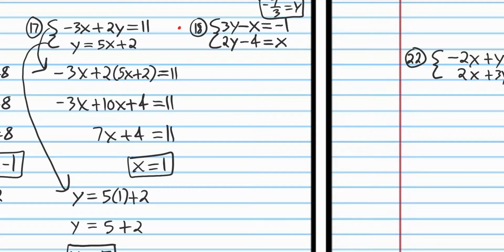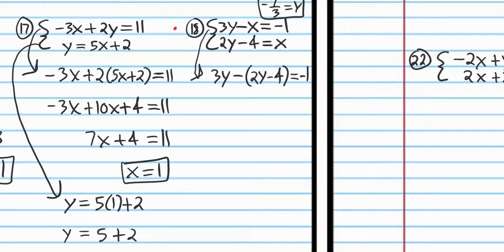All right, so let's do this one together. This is the equation where x is solved for, so we're going to take the other equation and rewrite that equation. But instead of x, we're going to write 2y minus 4. So again, we just rewrote this equation, but instead of x, we wrote 2y minus 4, because we know x is equal to 2y minus 4.